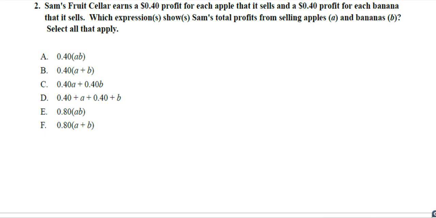Sam's fruit seller earns 40 cents profit for each apple that it sells and 40 cents profit for each banana that it sells. Which expression shows Sam's total profits from selling apples, A, and bananas, B? Select all that apply. So they gave us information: 40 cents profit for each apple and 40 cents profit for each banana.